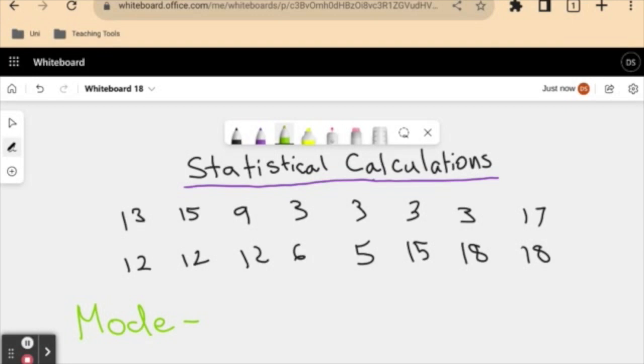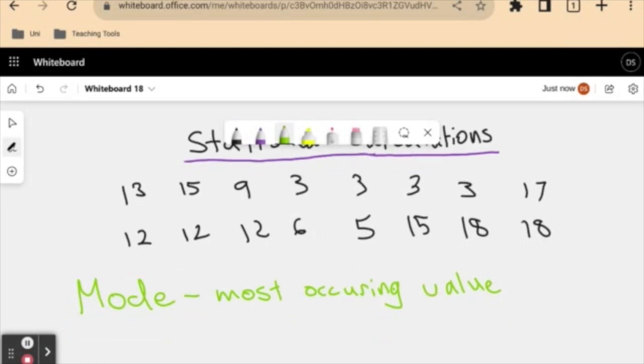So the value, the score that appears most in our data set. So this is the most occurring value. Okay, that one's not too bad. We're going to start with our easier definitions and work our way up.